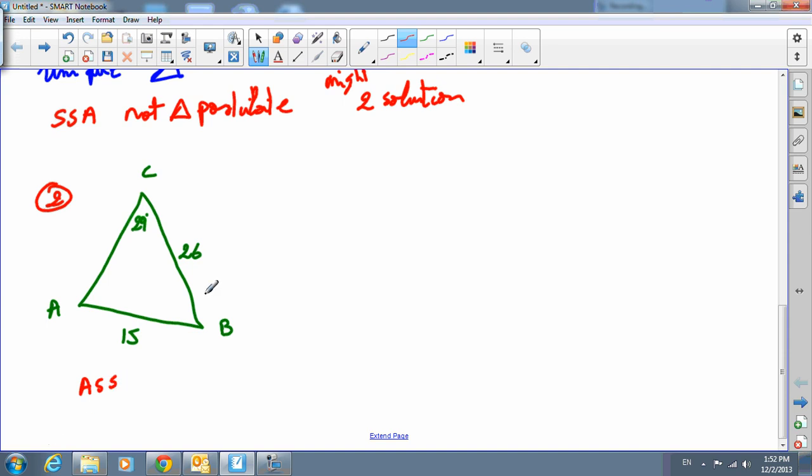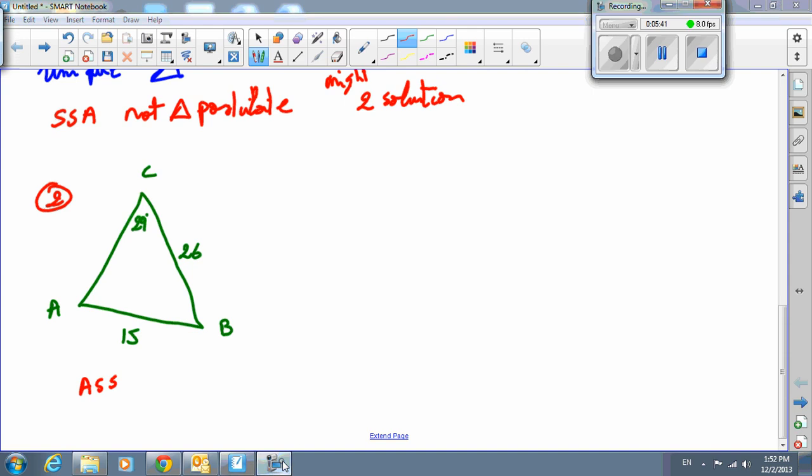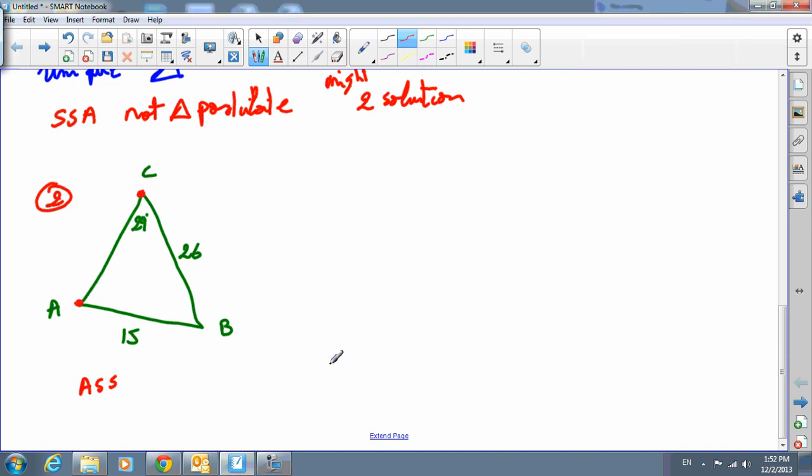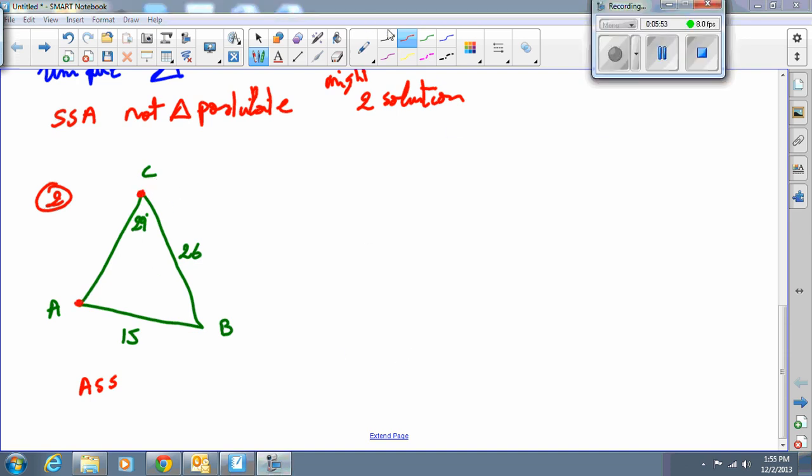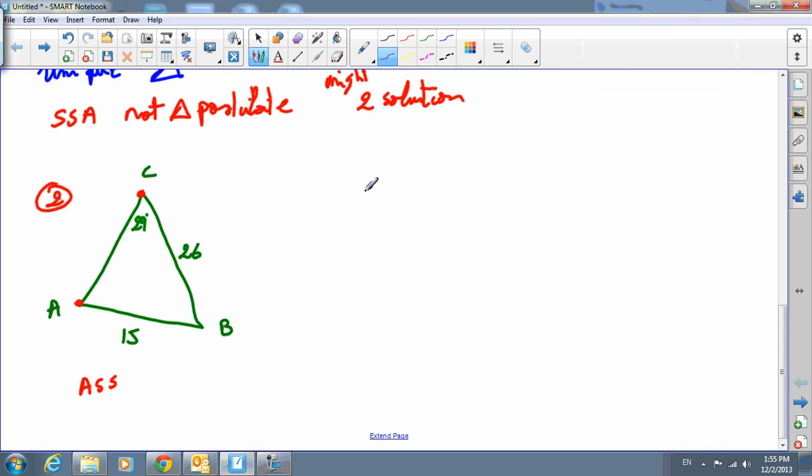Before I work on this one, you have many different measurements for these sides. I can have the case that my angle is like this, where this is 26, 15, and I build the other one like this, and I will get one solution.